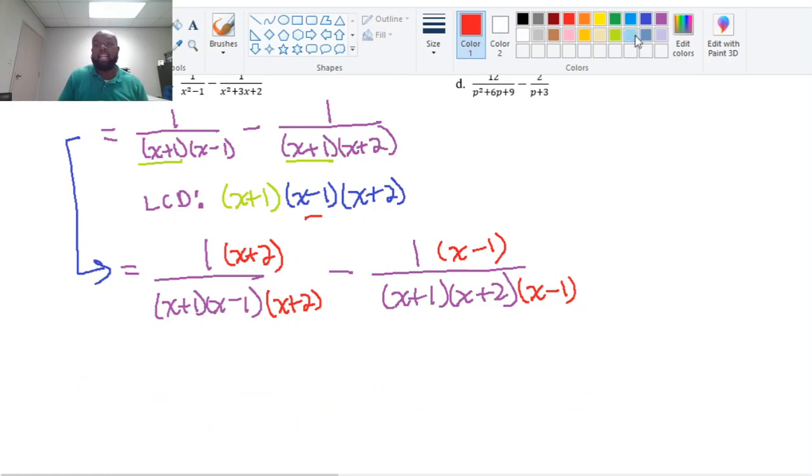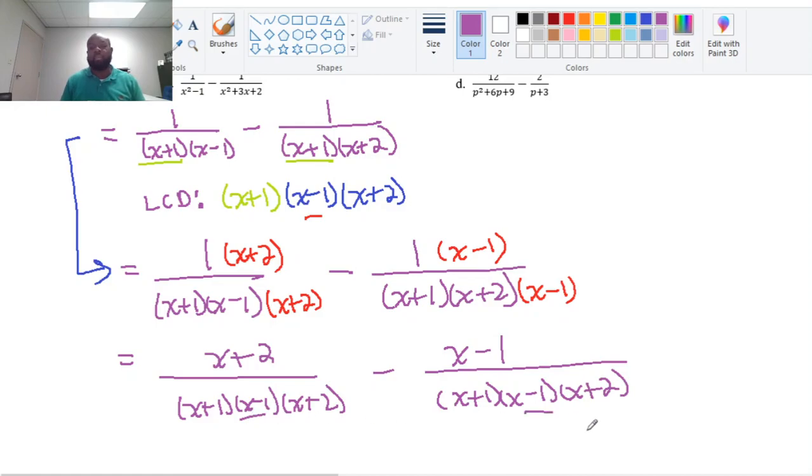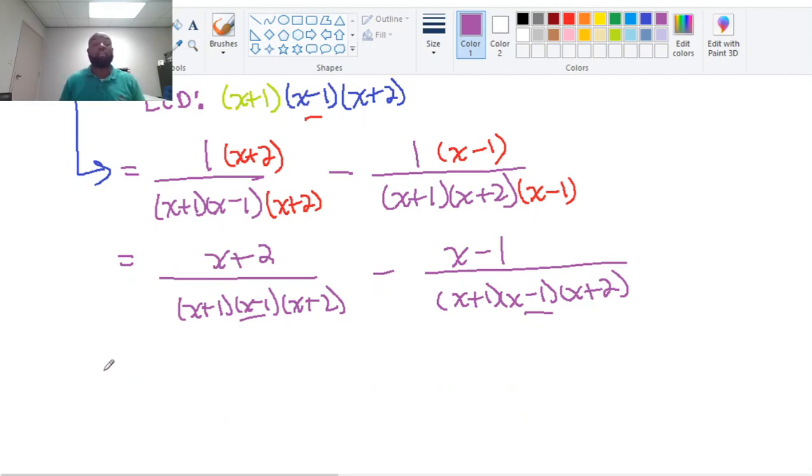With that being said, now I have some fractions. 1 times x plus 2 is x plus 2, which is nice. And then 1 times x minus 1 is x minus 1. I just switched the order to match my denominators so that they're in the same order. You can still write this one in that order there. Now that I have the same denominator, I can write this as one single fraction by subtracting my numerators and keeping my same denominator.